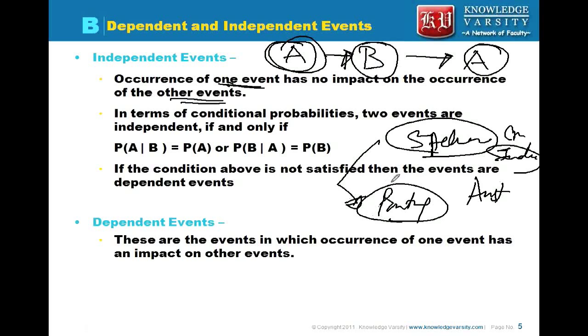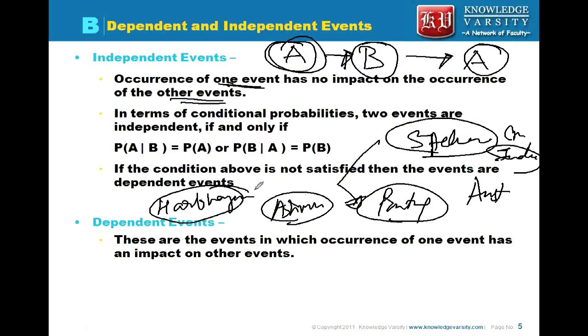However, let's say Harbhajan playing in a match and Ashwin playing in a match. They are not independent. Maybe if this guy plays, he might not play, or both of them may play, or both may not play. So here the occurrence of one has an impact on the occurrence of the other. However, for Sachin and Ponting, there is no impact whatsoever.